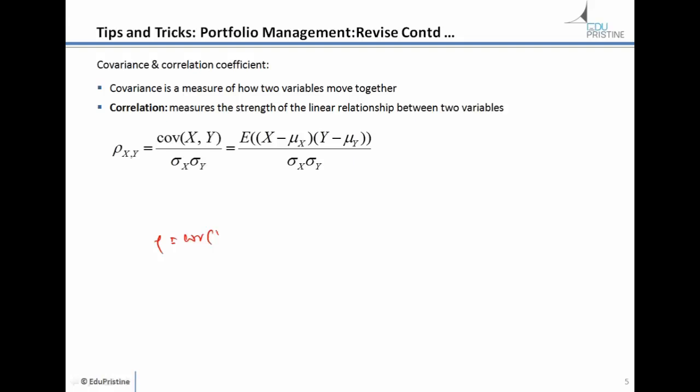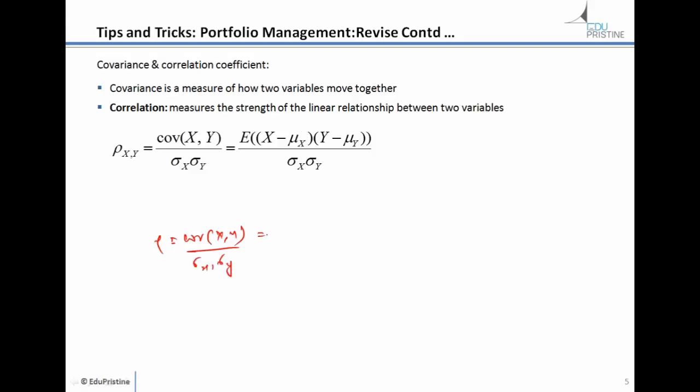This is the same as what is written in the numerator here. Please be sure of the different formulae being used, because this is commonly tested for portfolio management, be it quants or even some part of fixed income.